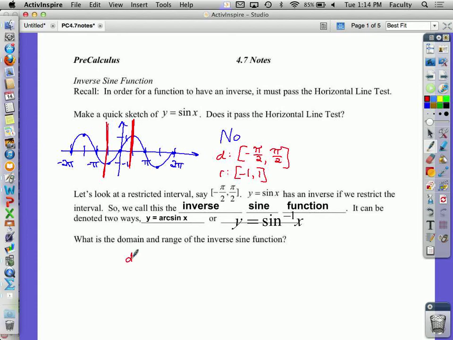So then my domain is going to become the range of sine x, which is negative 1 to 1, and my range is going to be negative pi over 2 to pi over 2. Okay, is this coming back to you a little bit?